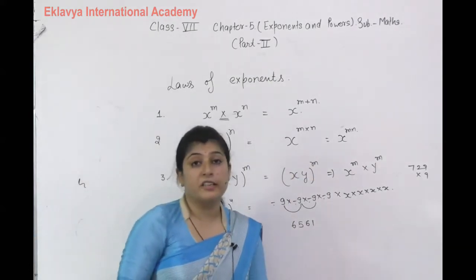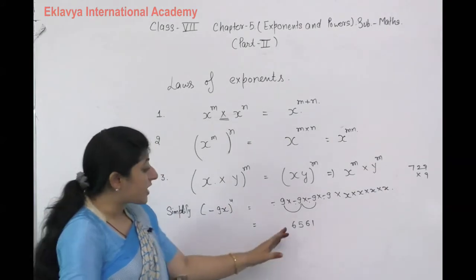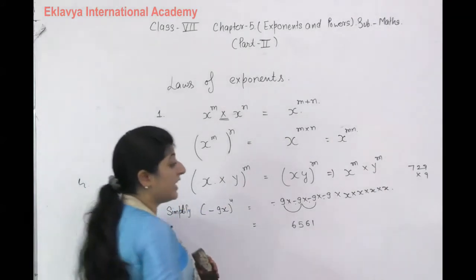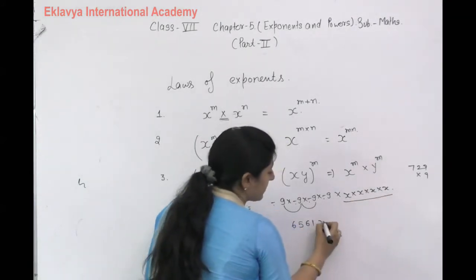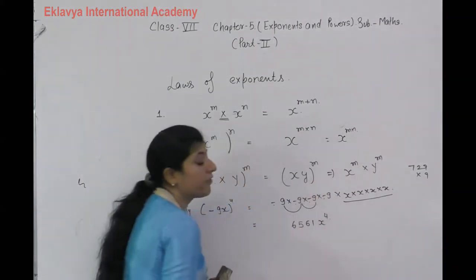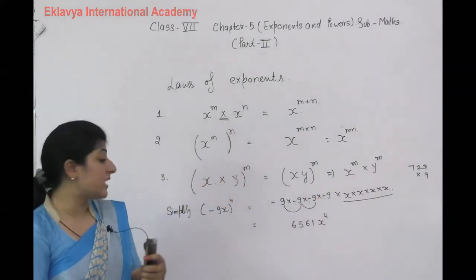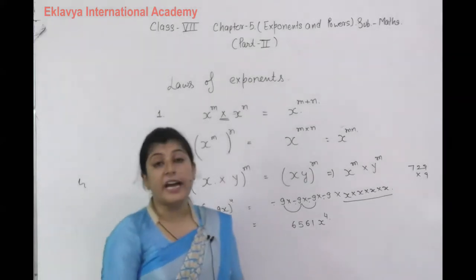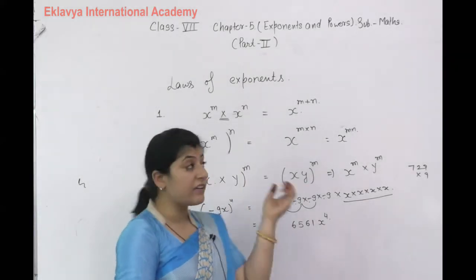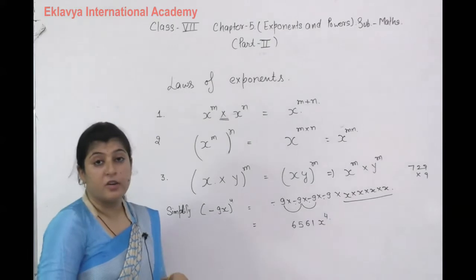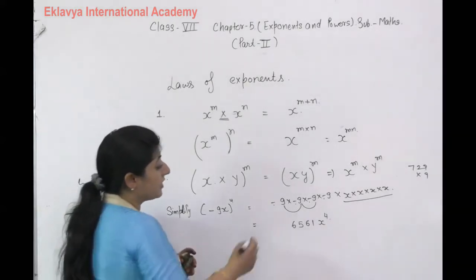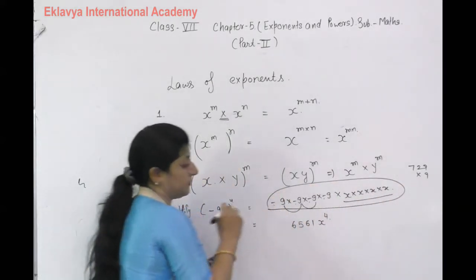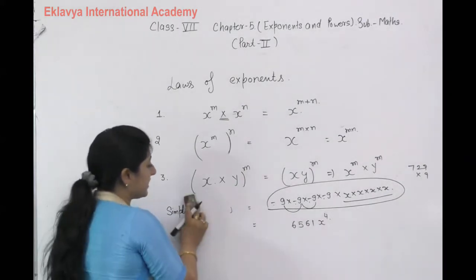Odd or even? Even times, it means our answer will be positive. Here x how many times? x power 4. So our answer is 6561 x power 4. This type we will solve. Or if we need only to expand, then this is our answer. Okay, next see the example.